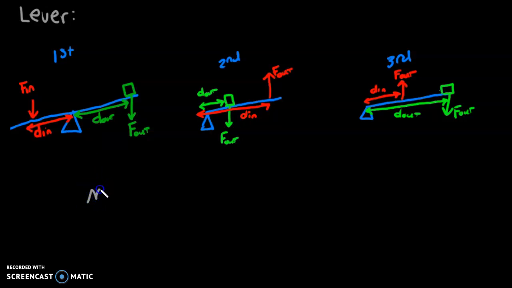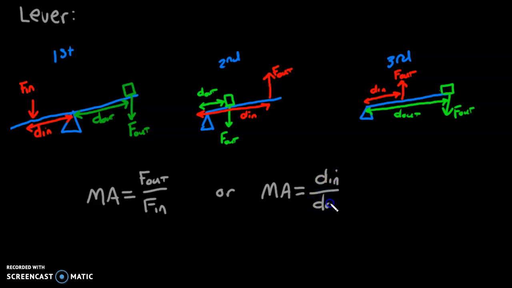And for mechanical advantage on a lever, it's going to equal the force out divided by the force in, or mechanical advantage is equal to the distance in divided by the distance out.